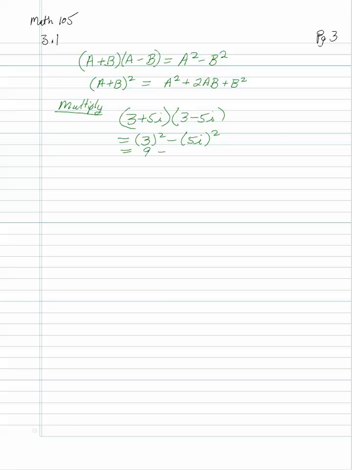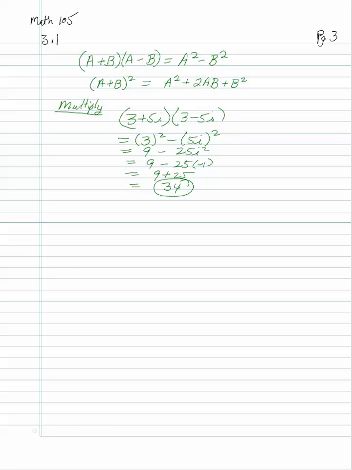You're going to get 9 minus 25i squared. But again, i squared is negative 1. So you get 9 plus 25, which is 34. And notice, it's just a real number now. So we multiplied two complex numbers, one a sum, one a difference, and we ended up with a real number.